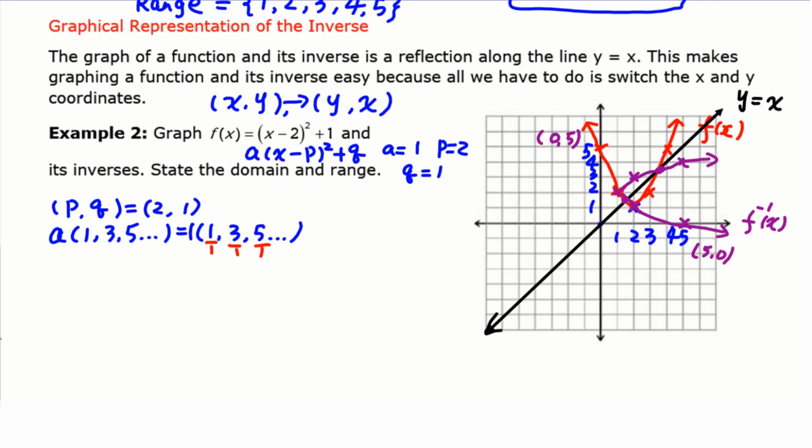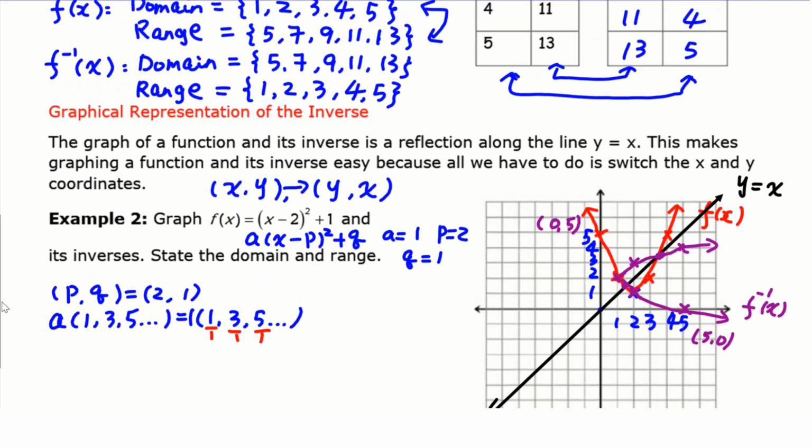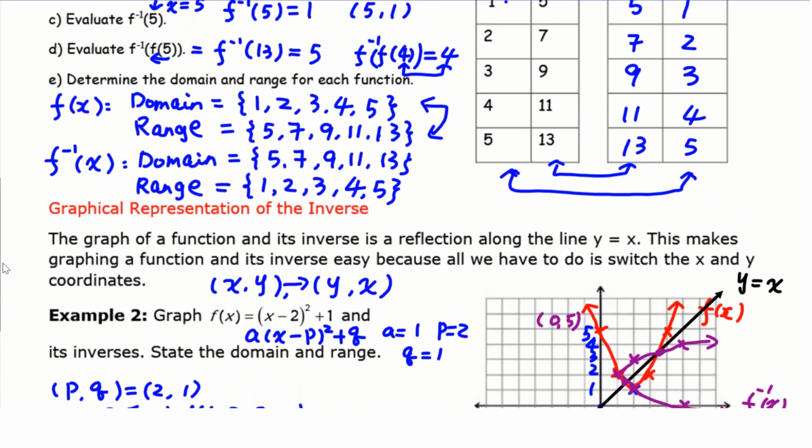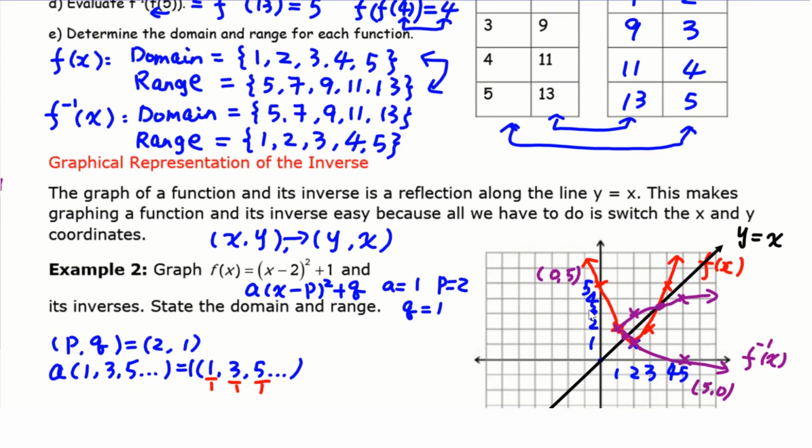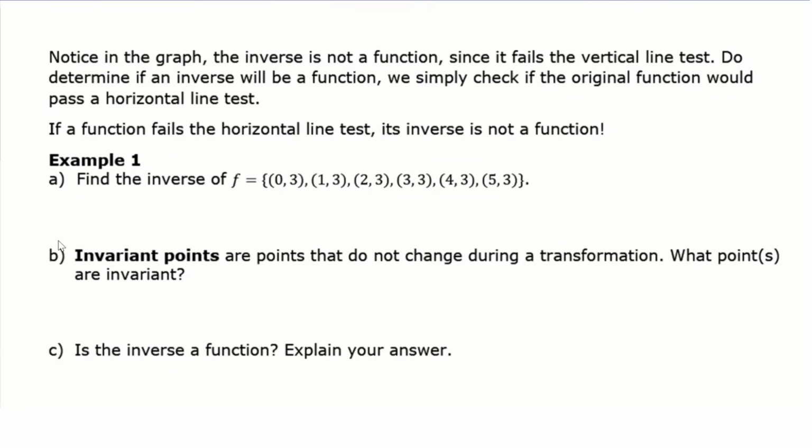So here with the table values, we just flip x, y coordinates, and this is your inverse function. On the graph, we switch the x coordinate with the y coordinate, then we have the inverse function. And on the next page we are going to see more examples.